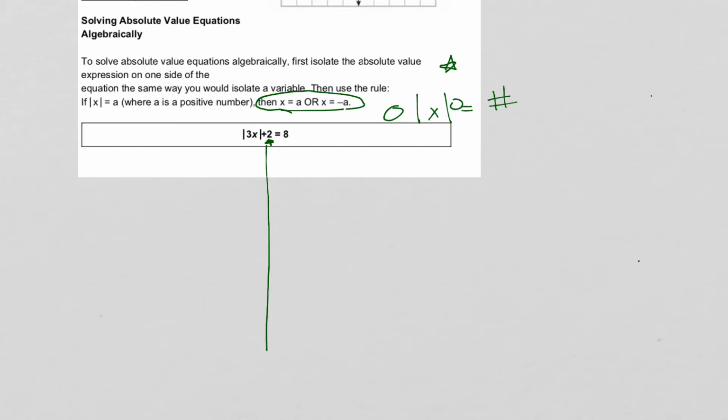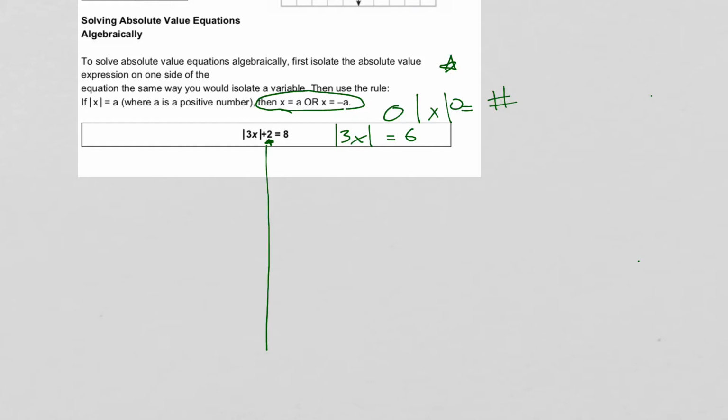So hopefully you recognize this from Math 1, Section 1, Chapter 1.1 that you did last year around September, and you've been doing ever since. So I have to get rid of that 2, I've got to subtract 2 from both sides. So my problem will start off like this. And now it is in a format that I can basically set up the two equations.